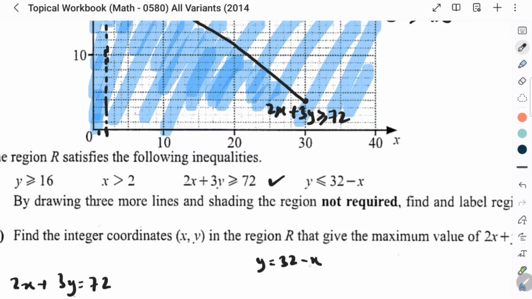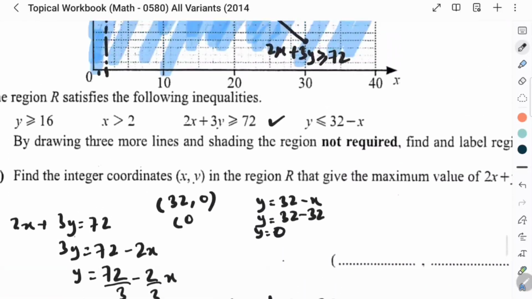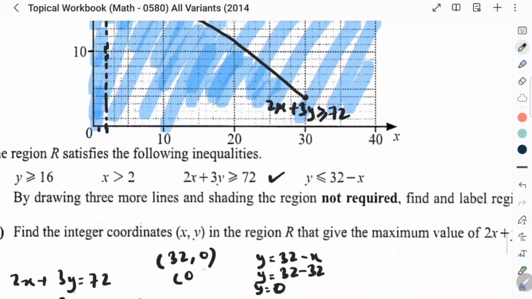If I choose 32 for x, I'll get y equal to 0. So one coordinate is (32, 0) and the other coordinate is (0, 32).